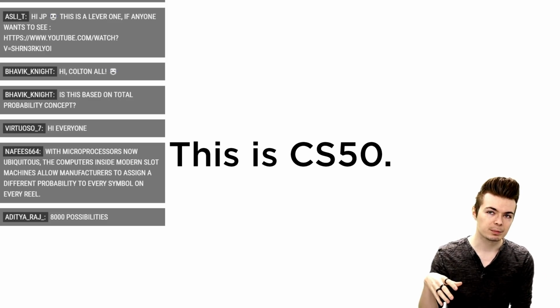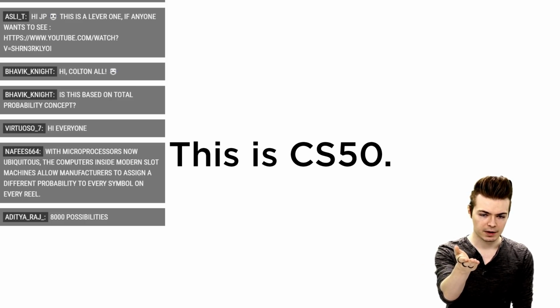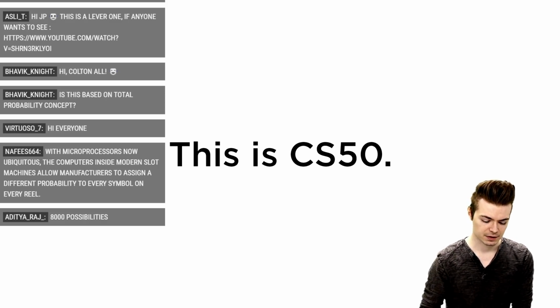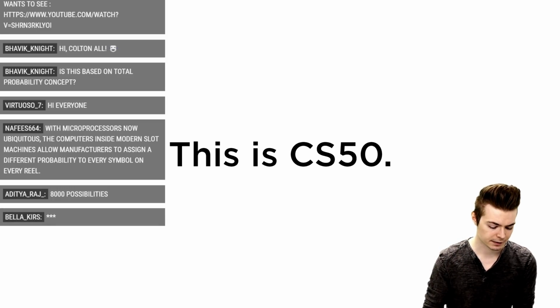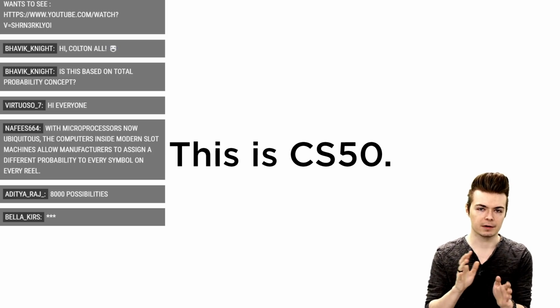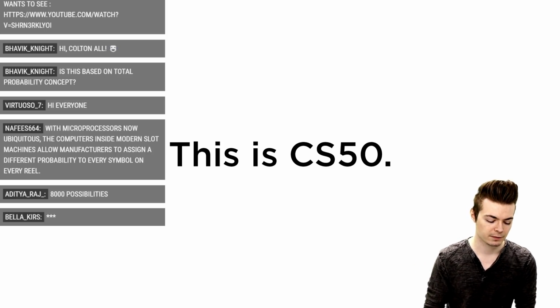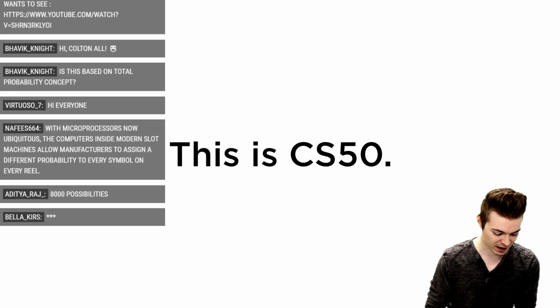Ours is going to be a little bit more of a naive random approach, which I think does go down to what Aditya was saying of a 1 in 8,000 probability for the 3 sevens actually aligning. So yeah, you absolutely can flub the numbers however you want. And I wouldn't doubt that casinos actually end up doing this in practice quite a bit.